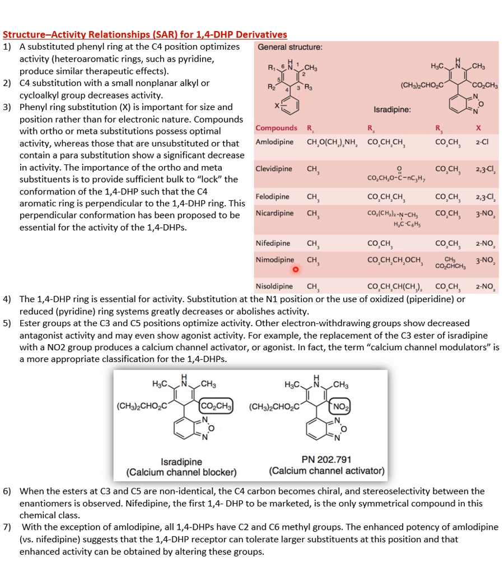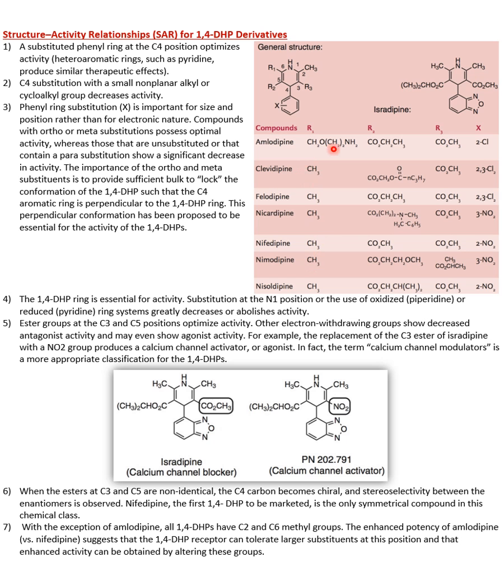metabolism. Now, the last point about the structure activity relationship is that the size of the group here at R1, which is right here, if we increase the size of this group, it would enhance the potency. In fact, all the molecules except for the amlodipine have CH3, which is a small group, here at R1.